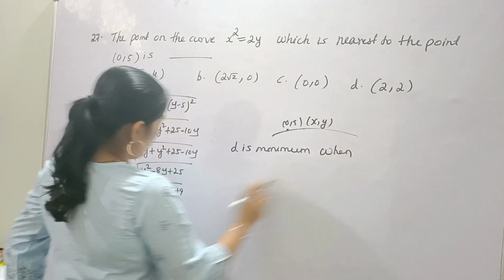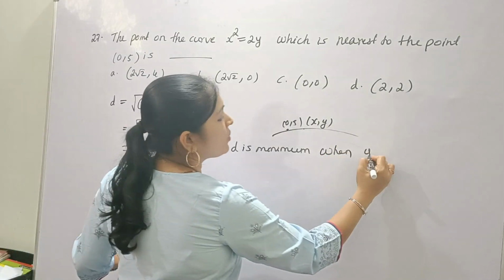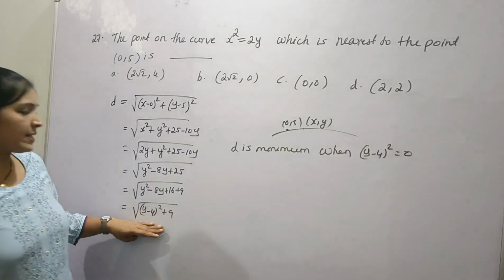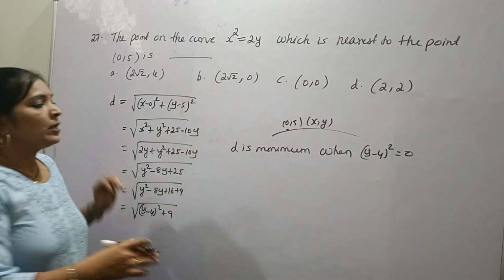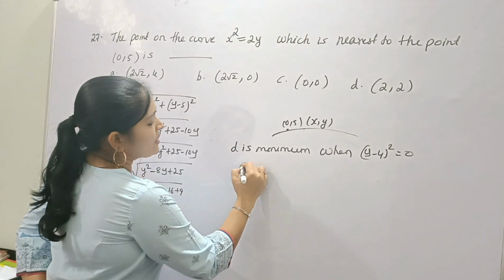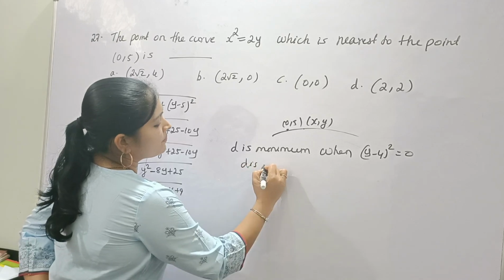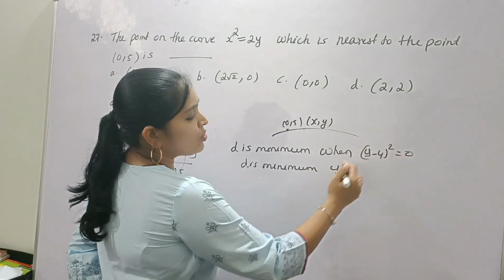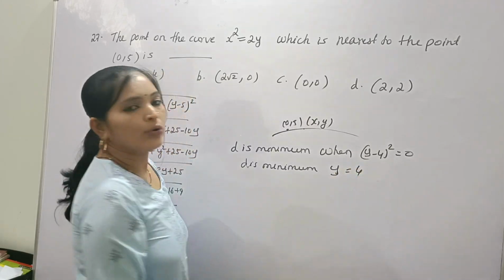When it is 0, the d is minimum. So y minus 4 whole square is equal to 0 means y is equal to 4.